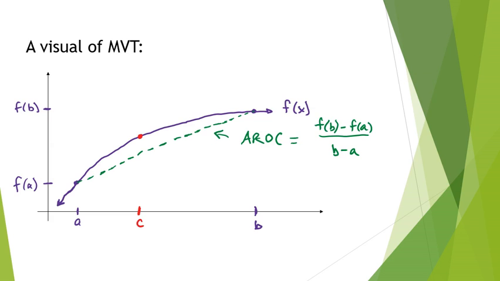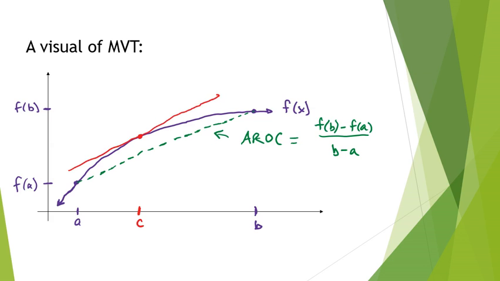Now, f prime of c, thinking all the way back to chapter 1, we learned that f prime of a is the instantaneous rate of change of f of x at x is equal to a, but it's also the slope of the line tangent to the curve at a.